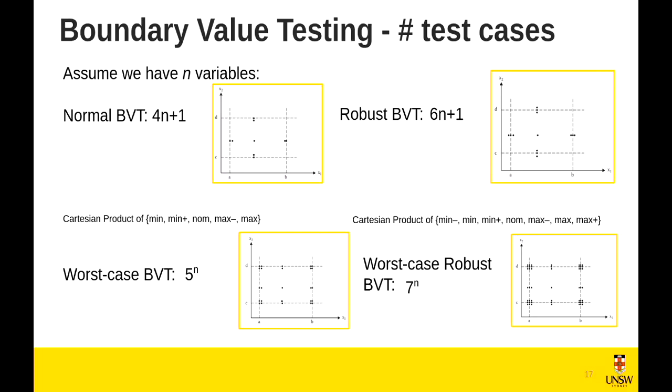So that's why, although it may not make sense to have the single fault assumption, and to assume that each time only one variable can take the extreme value, this will make our test weaker, actually. But it makes sense to have fewer test cases.